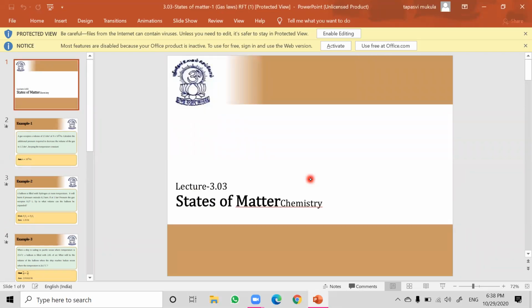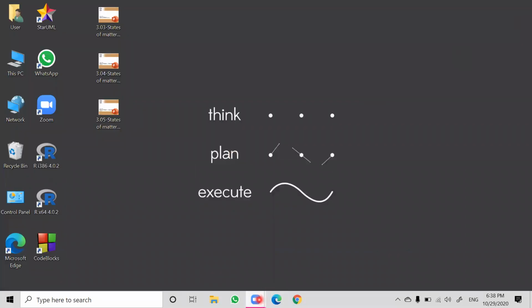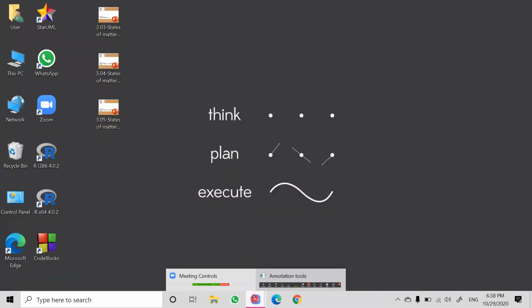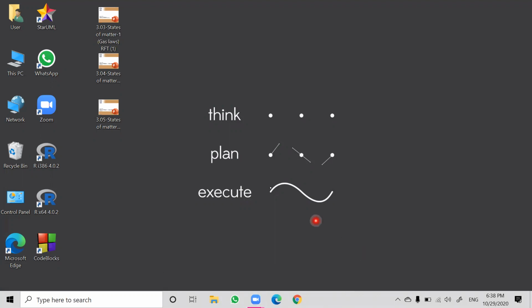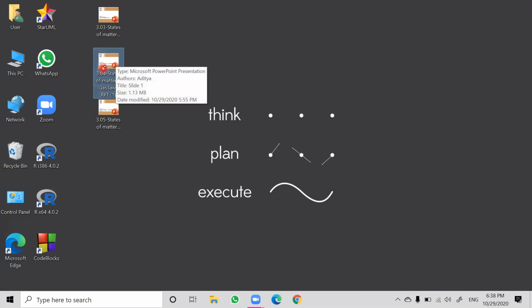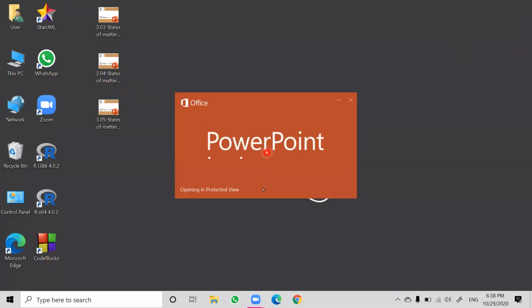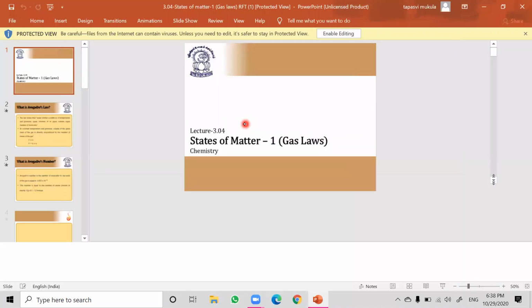I'll take a new slide, new sharing. So these are the problems related to Boyle's law, Charles' law and the ideal gas equation. Next, we'll do some more based on this.